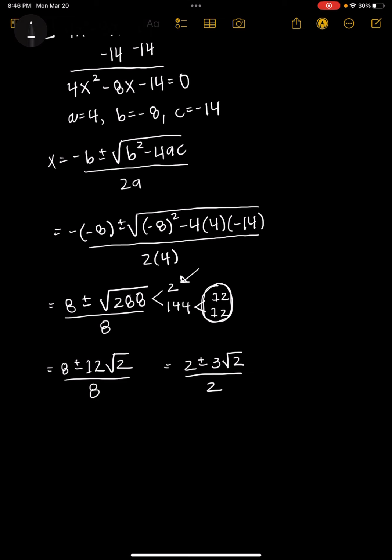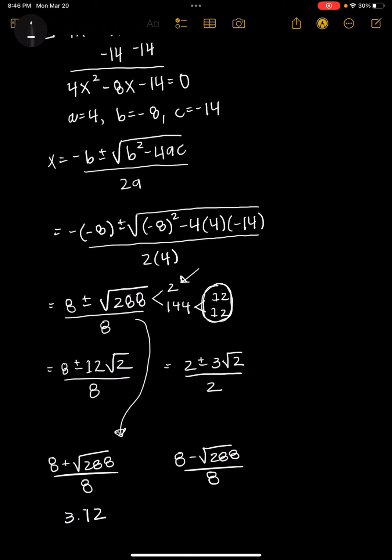Now, once again, I told you we could use decimals. So if this whole situation freaks you out, you can take it from this point right there and just say 8 plus the square root of 288 over 8 and 8 minus the square root of 288 over 8, which when I plug that in, 8 plus the square root of 288 divided by 8 would give me 3.12 approximately.